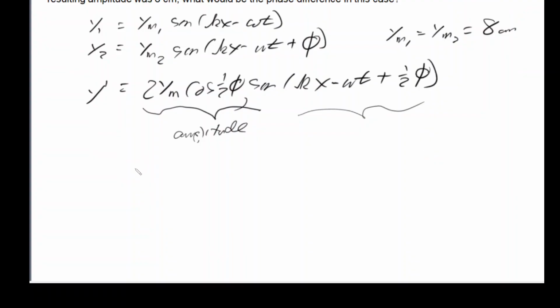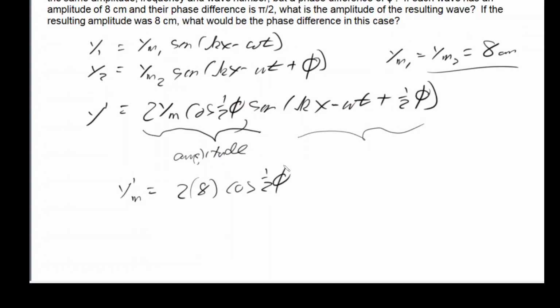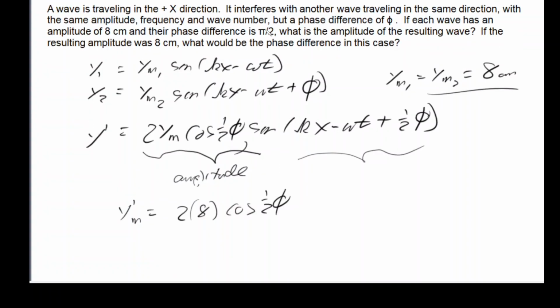So to find the amplitude of our new wave, which the problem asks, we say that y prime m is equal to 2 times y m, which is given as 8 centimeters, times the cosine of 1/2 phi. And phi is given as pi over 2.